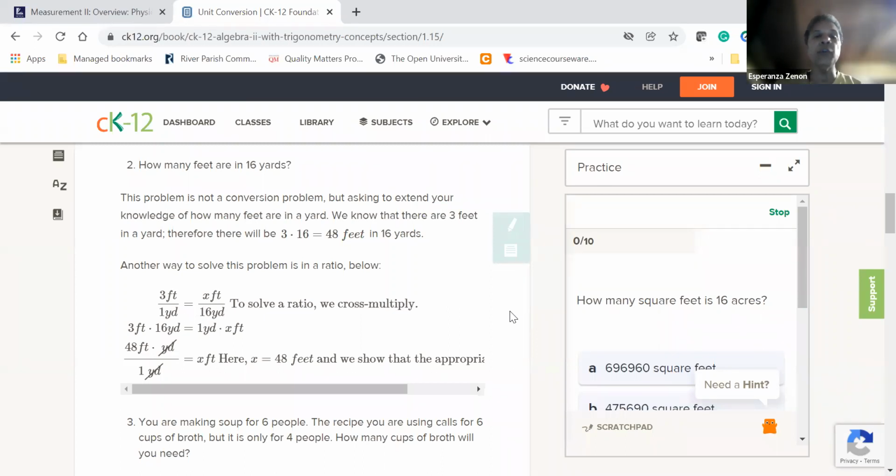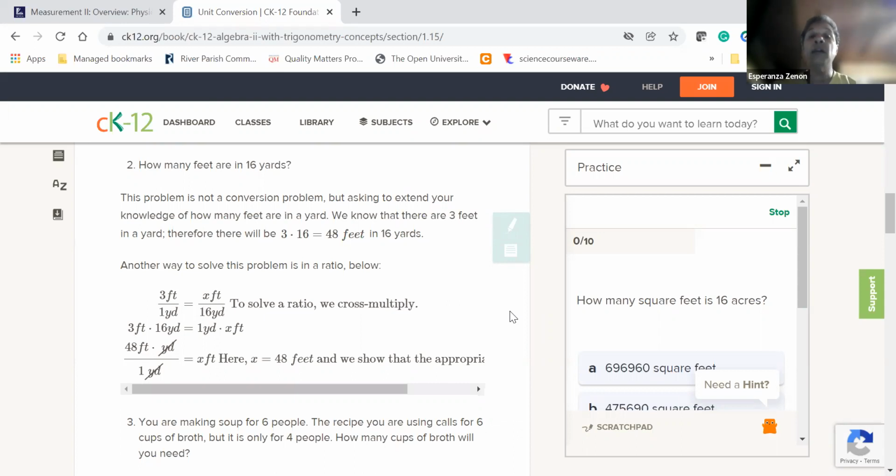So you see, when you set it up like a ratio like that, you cross multiply. So 3 feet times 16 yards equals 1 yard times some number of feet, X. Then you go back to your equations business, you have to get X by itself.